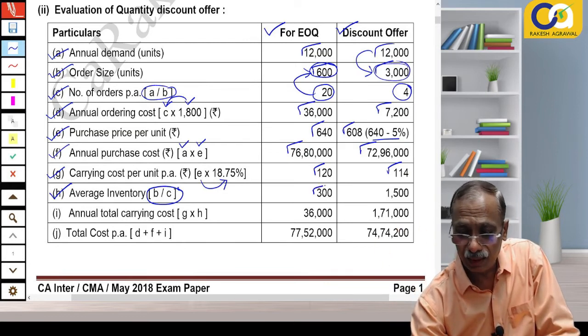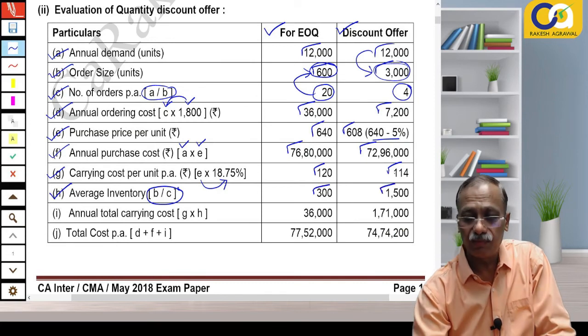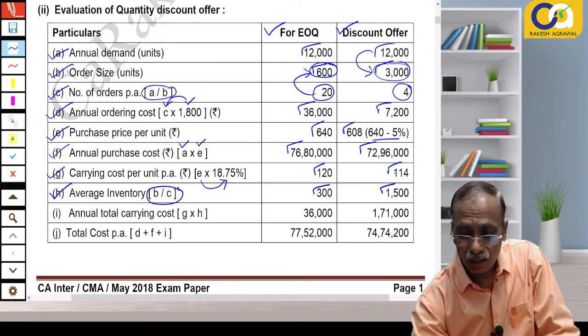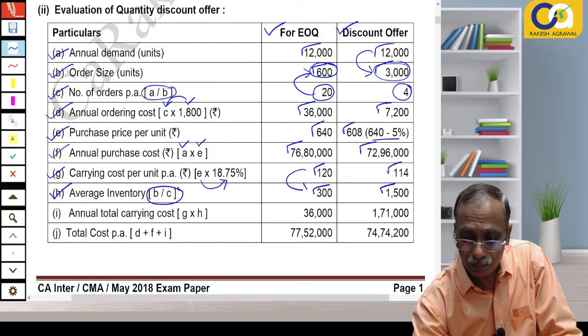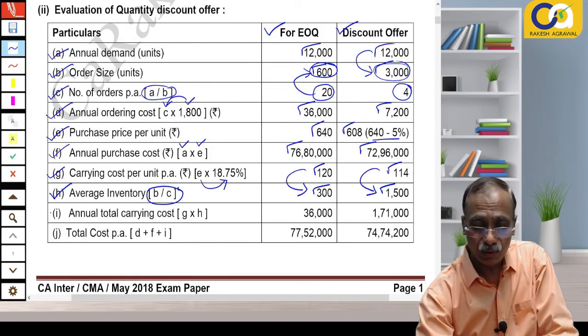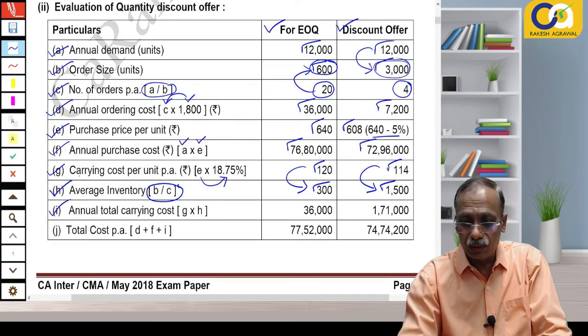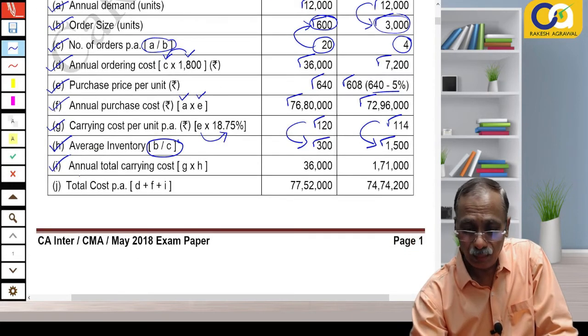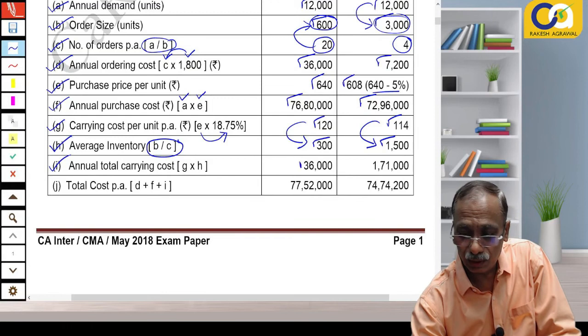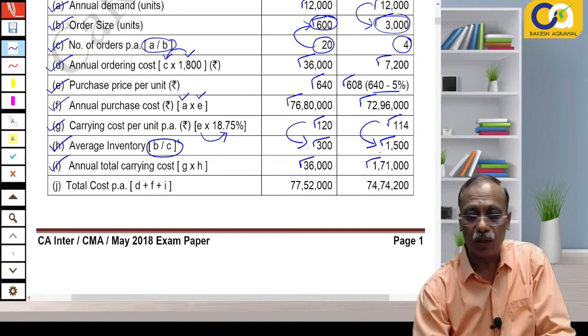So average inventory is 300 and 1500. Now carrying cost per unit per annum into average inventory will give you total carrying cost. So your annual total carrying cost will be G into H. So this is your total carrying cost.